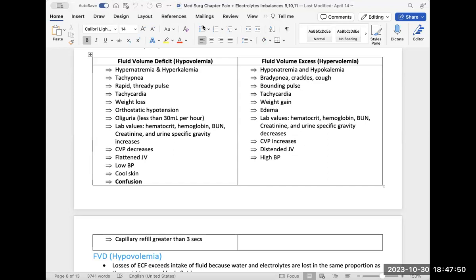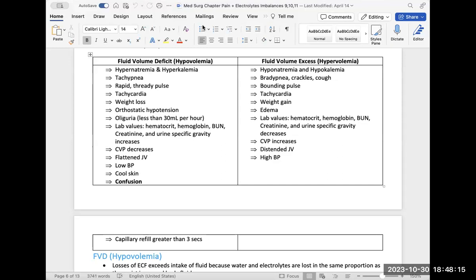If you're losing fluid, you're going to have weight loss because you're losing volume from your cells and from your blood. Orthostatic hypotension: you are losing fluid, which means your blood pressure is going to drop. That's the same mechanism that those diuretics we spoke about in my cardiac lecture relate to.